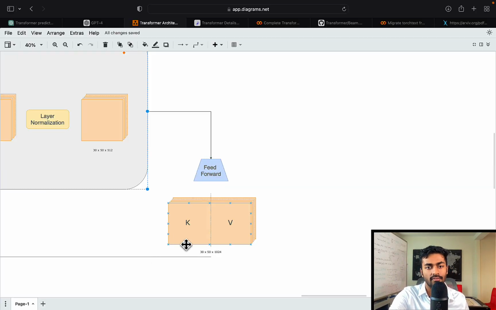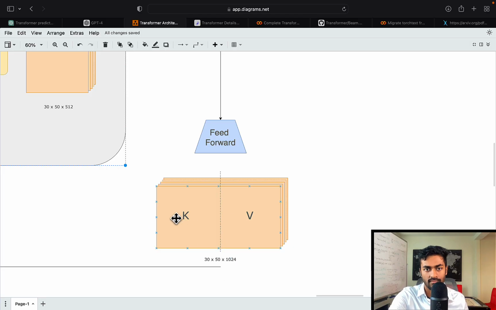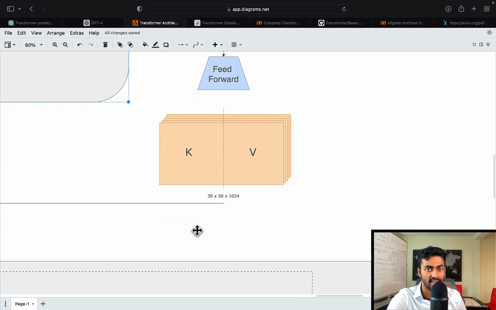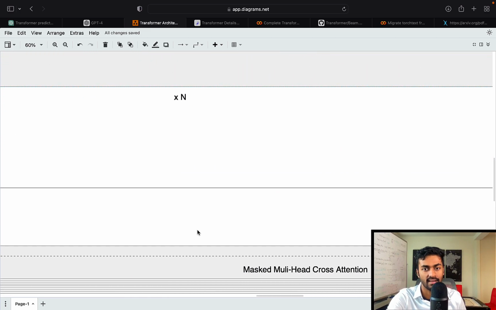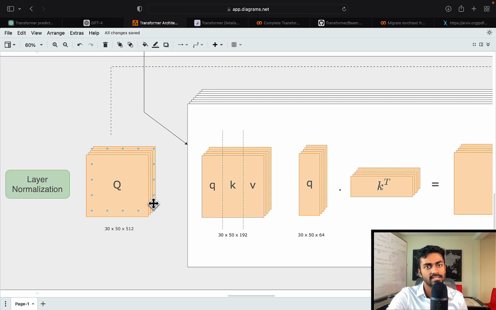And so for every word it will be 512 and 512 for the key and value tensors. This will add English information that we have encoded into the Kannada vectors so that when we're generating the Kannada vectors, we generate an appropriate Kannada translation based on what the English sentence has to say.